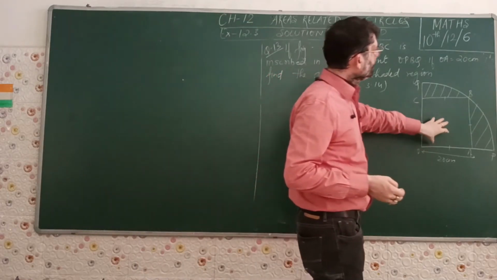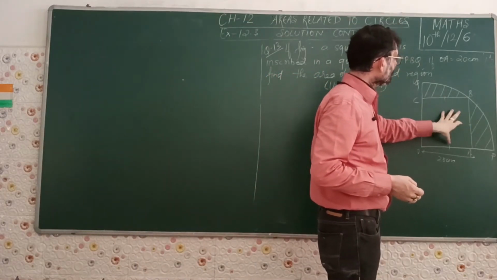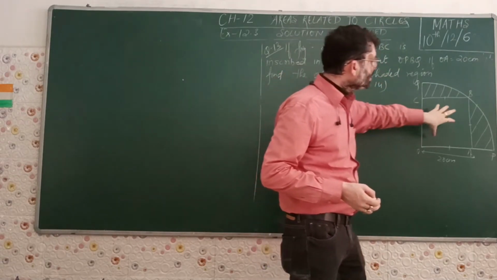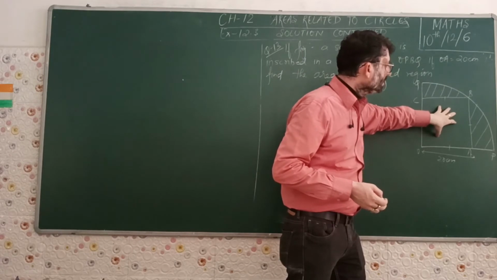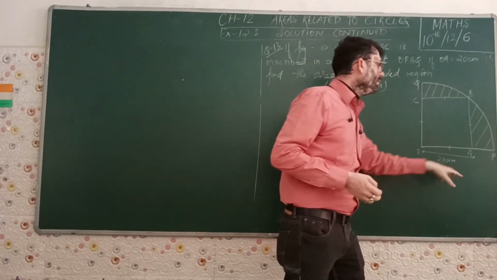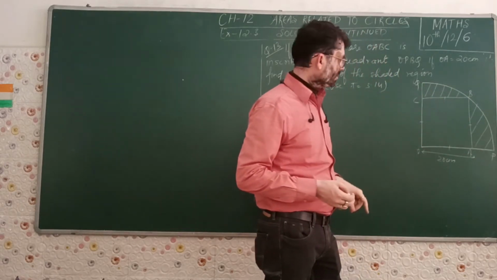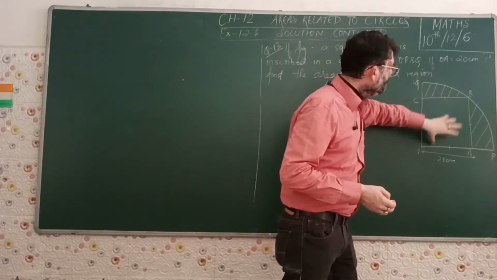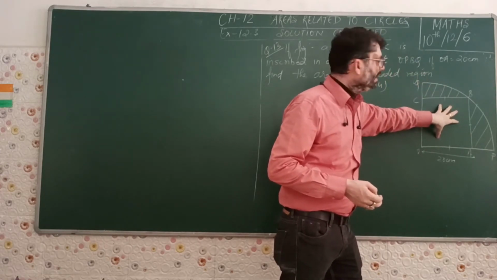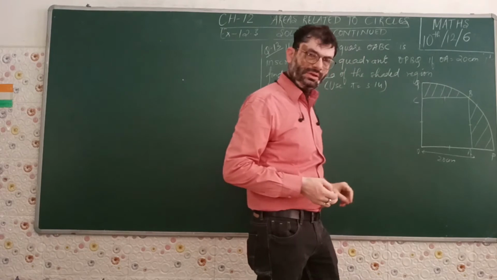In order to find the area of the shaded region, observing very minutely, we can say that if we subtract the unshaded region, that is the square part, from the whole quadrant, we get the shaded region. That means area of the quadrant minus area of the square will give me the area of the shaded region.